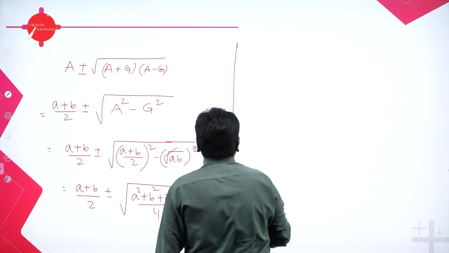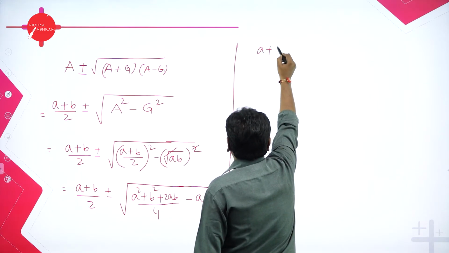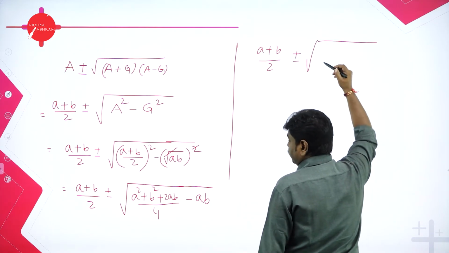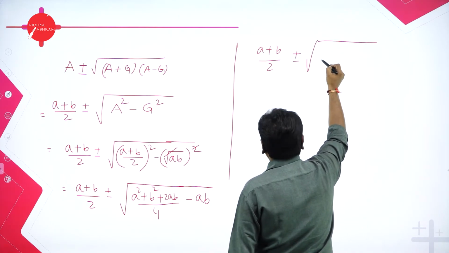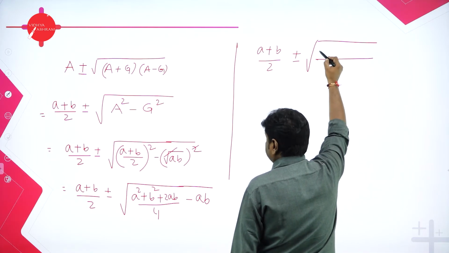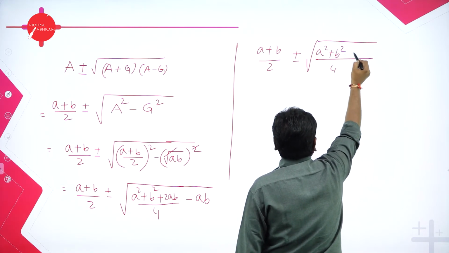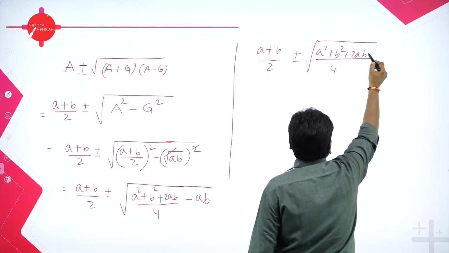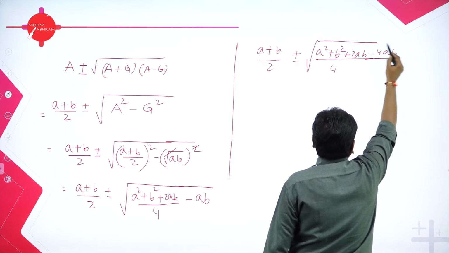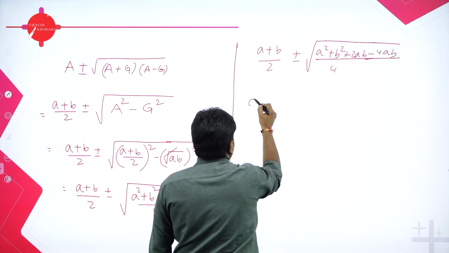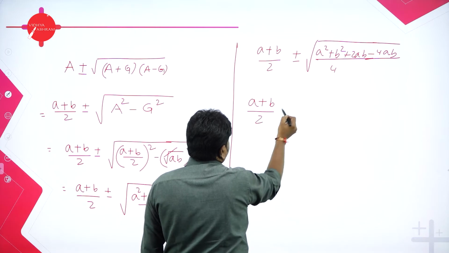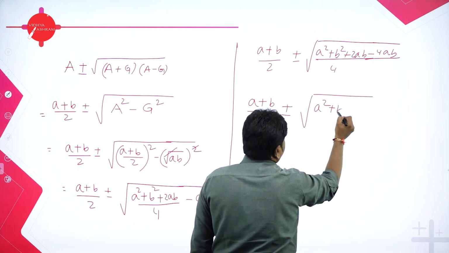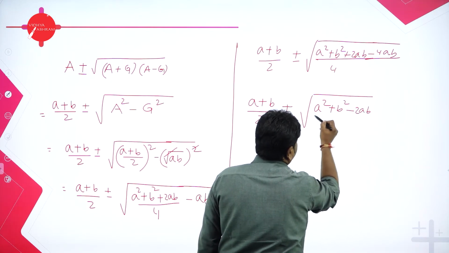If I take LCM, 4 is the LCM. Further it will be a square plus b square plus 2ab, and 4 into minus ab is minus 4ab. Simplify this further: (a plus b) by 2 in LHS is plus or minus root of (a square plus b square minus 2ab) by 4, I can write.